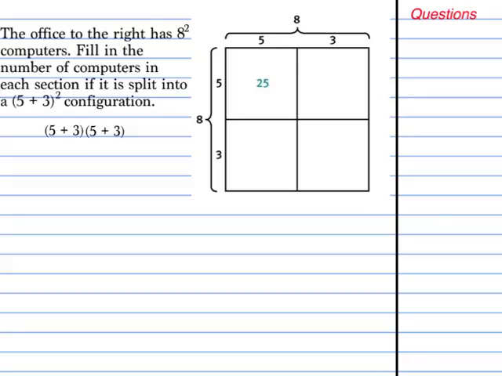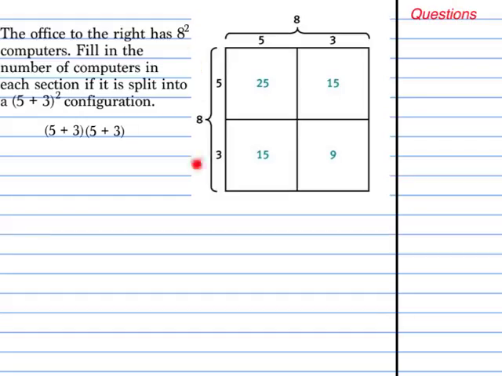Now, 5 times 5 is going to give me 25 computers in this section. 5 times 3 will give me 15 computers in this section, and 5 times 3, 15 in this section. And then 3 times 3 will give me 9 in this section.